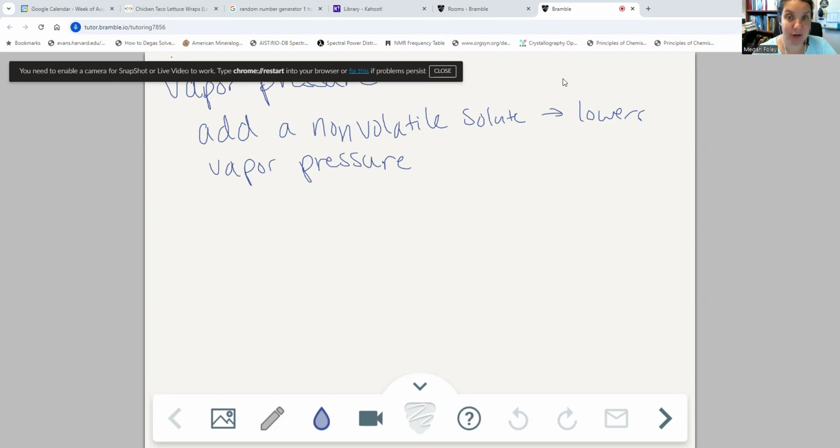One, we're forming new interactions with the solute and the solvent, which keeps those solvent molecules in solution. Additionally, we end up blocking the surface of the liquid, which gives us fewer avenues of escape for our solvent molecules, which again will lower our vapor pressure. I'll write those down.